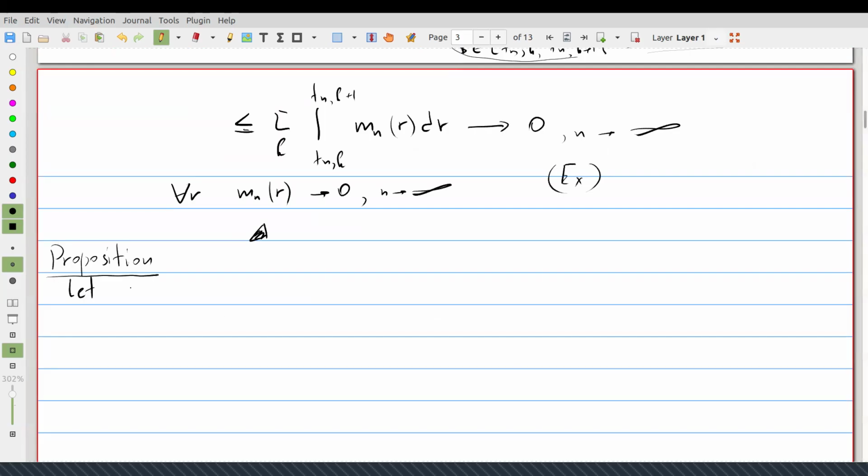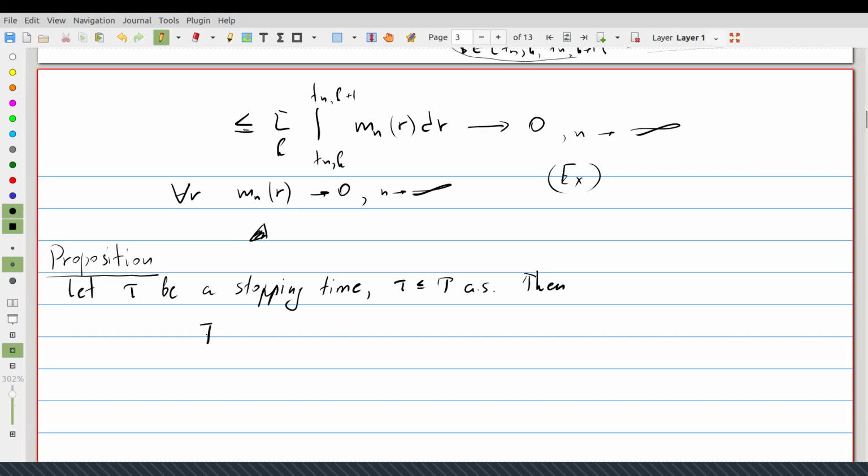This proposition deals with stochastic integrals with random times. So let tau be a stopping time. I will obviously assume that this is true.